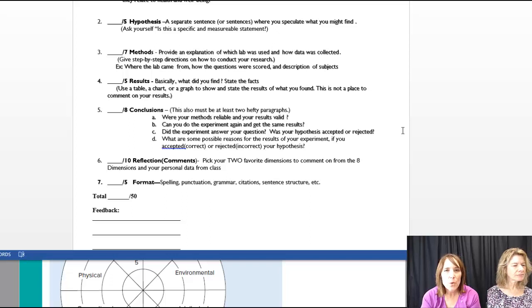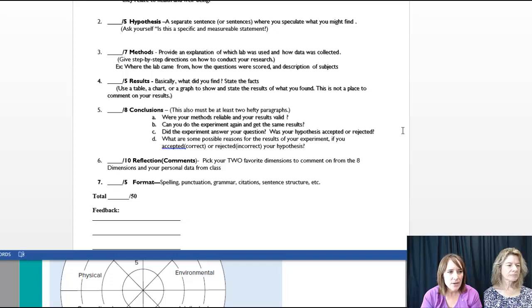So based off of your data, your personal data from lab activity 1-2, we want you to just pick your 2 favorite, if you will, dimensions to comment on, and whether you were strong or you need improvement in those areas, and how this new awareness of the 8 dimensions has affected your viewpoint on these dimensions.